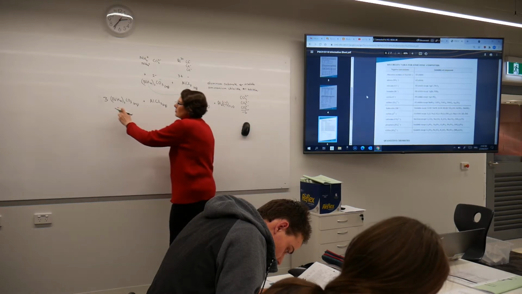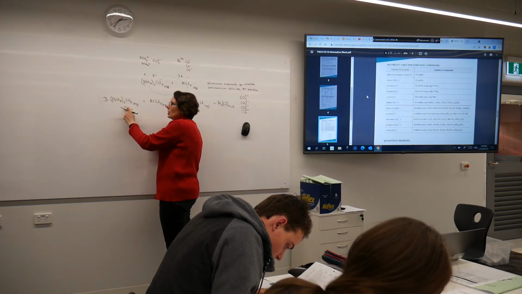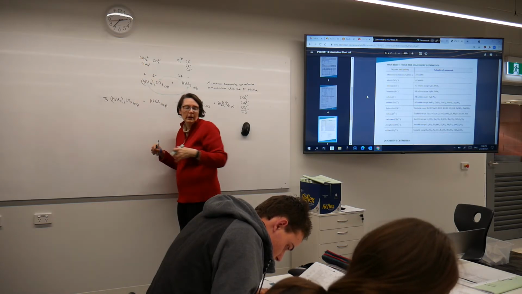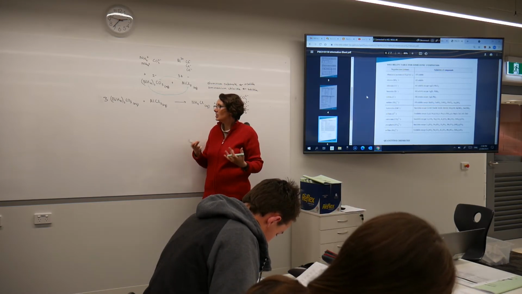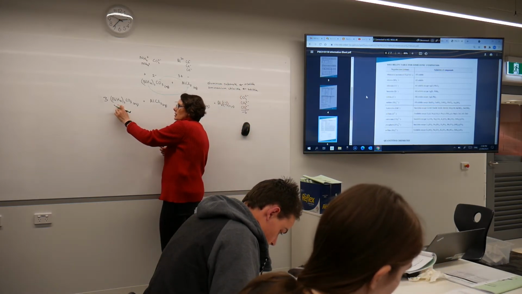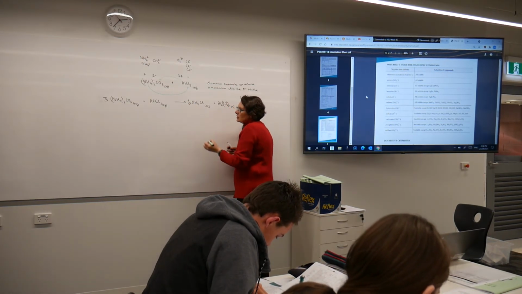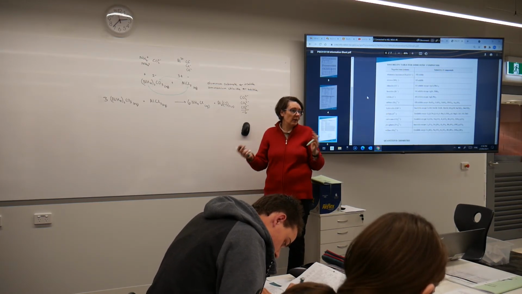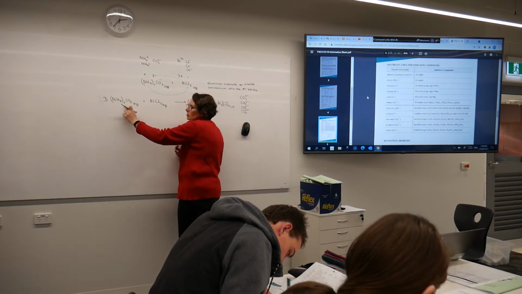This would tell me that in each of my ammonium carbonates I have 2. Remember, I have 2. But now I've got 3 lots of that. So I've got 6 ammonium ions. I would need to put a 6 here in order to balance out the ammonium ions. 2 and the 3, 2 times 3 is 6.